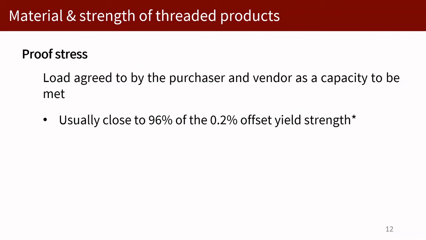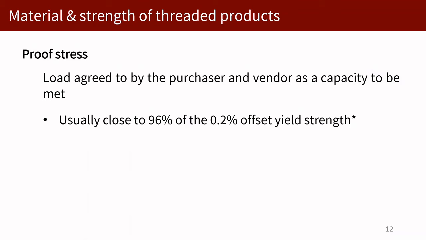So the bolt stress that we use in design is not the yield strength. An offset of the yield strength is used. Thus the typical way of getting the proof stress is usually 96% of the 0.2% offset yield strength.